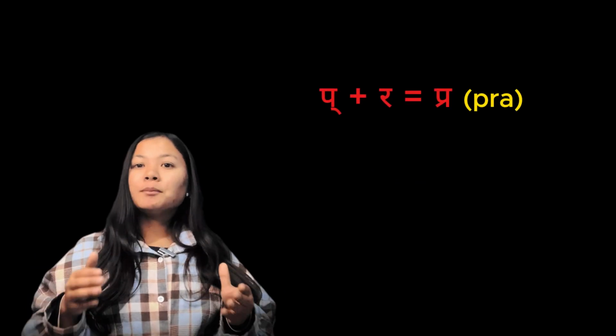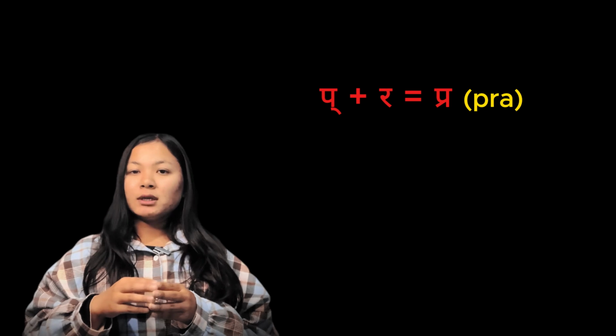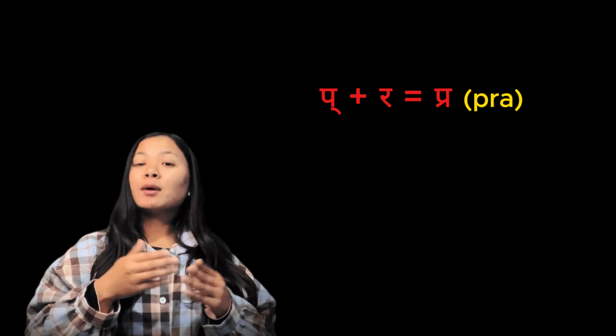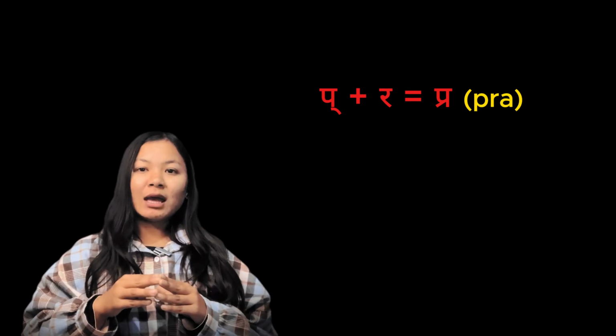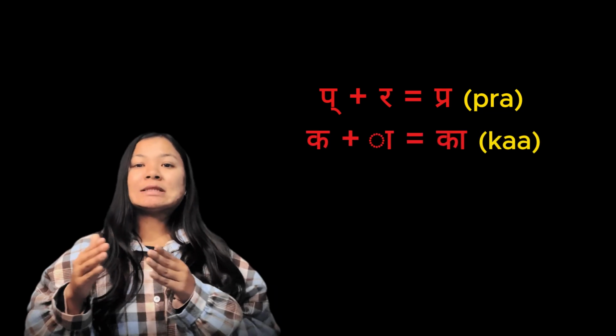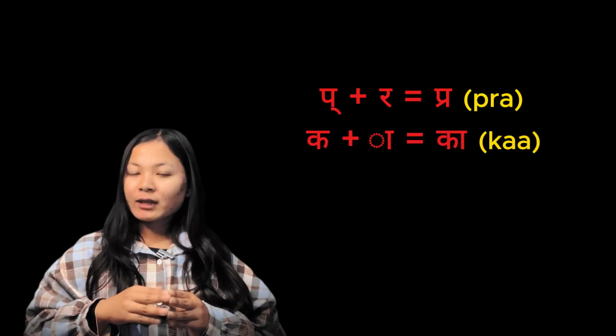Next word. Here is the cluster that we studied in our previous video. So what's the formation of this word? If you know, you can repeat after me. Pa plus ra, it becomes pra. And we add ka plus a, ka.